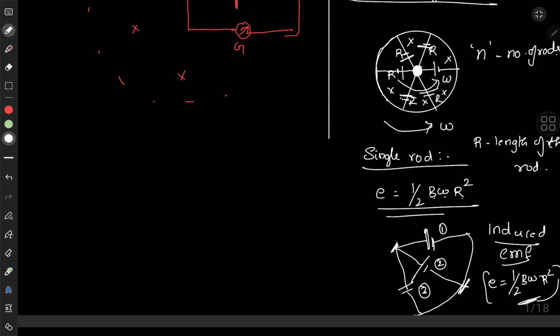Even if n number of spokes are there, the induced EMF will be considered for a single rod only. Why? Because all are in parallel combination.